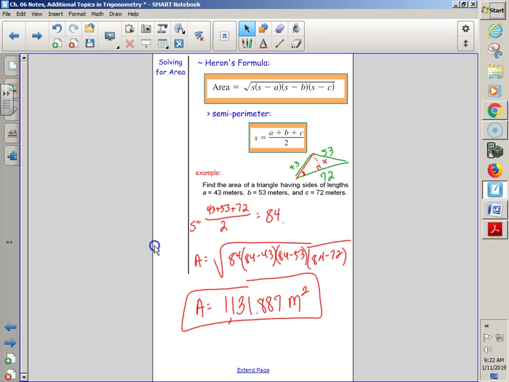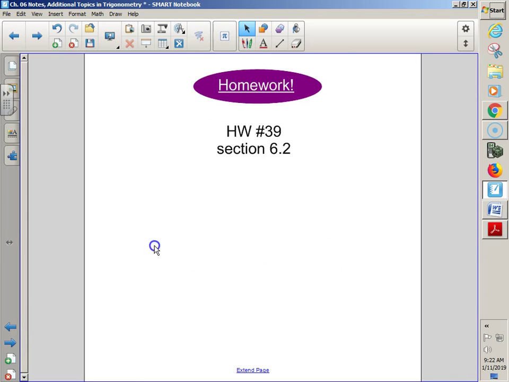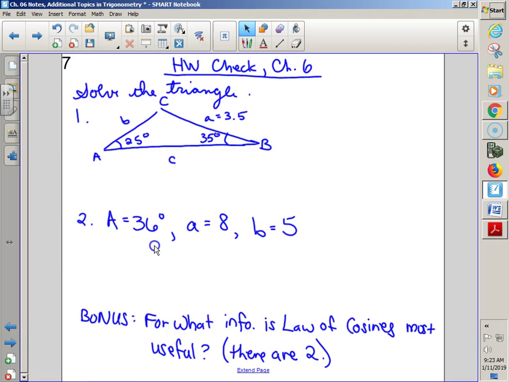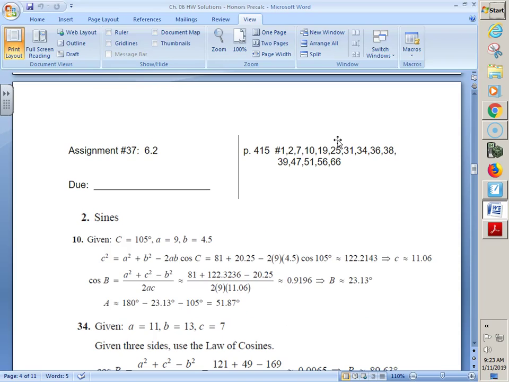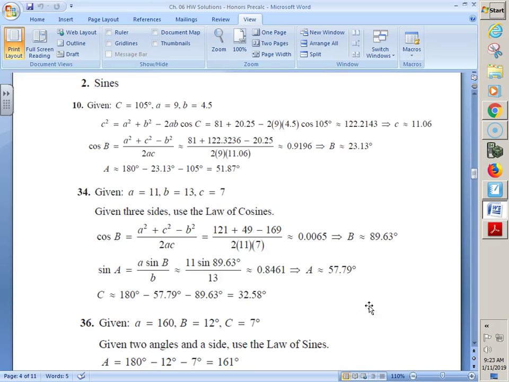All right, cool kids. Section 6.2. Let's go grade the evens. 2 and 10 and 34 and almost 36 are all on the screen. But if I were you, I don't know, lots of numbers start to get kind of confusing when they're all in one place.